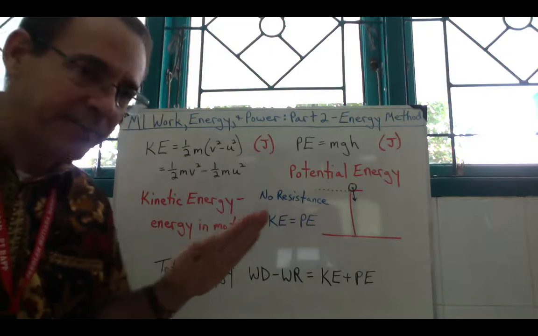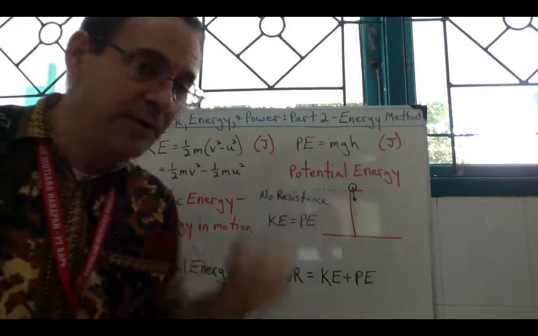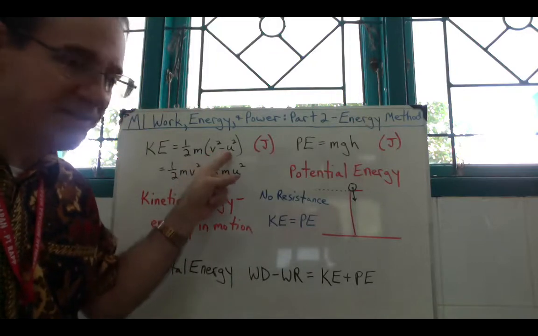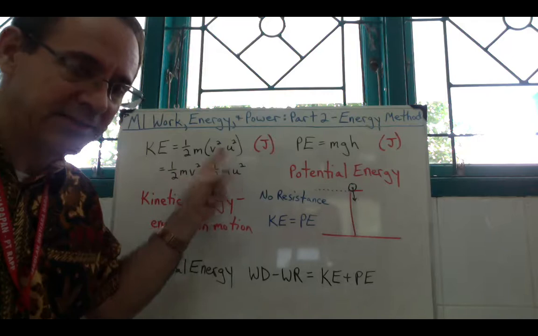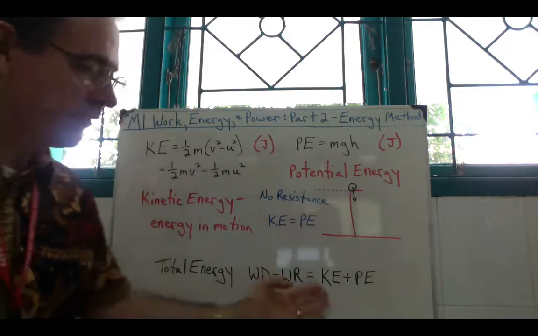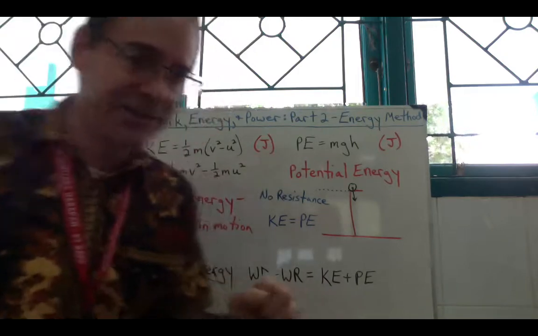However, if you happen to be going uphill and your speed slows down, then your final velocity will be less than your initial velocity, and you'll end up with a loss of kinetic energy, and it will show up as a negative value. Same thing with potential energy.